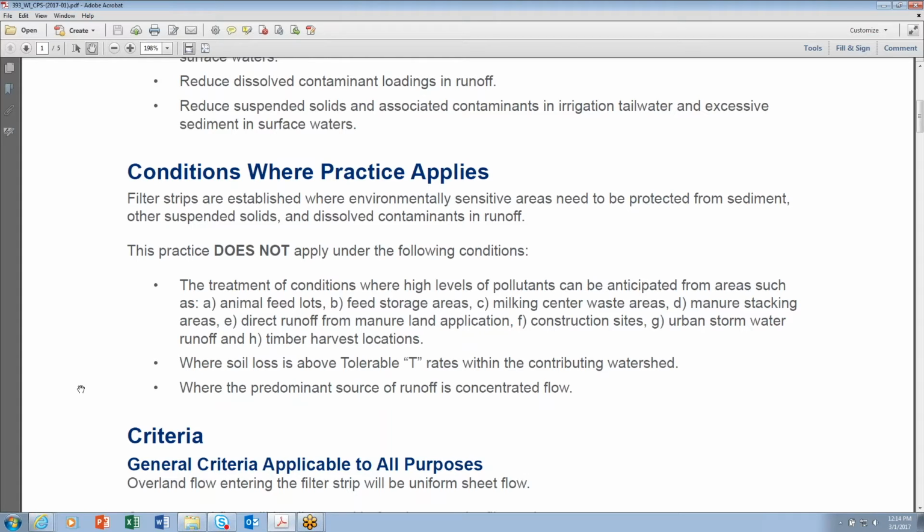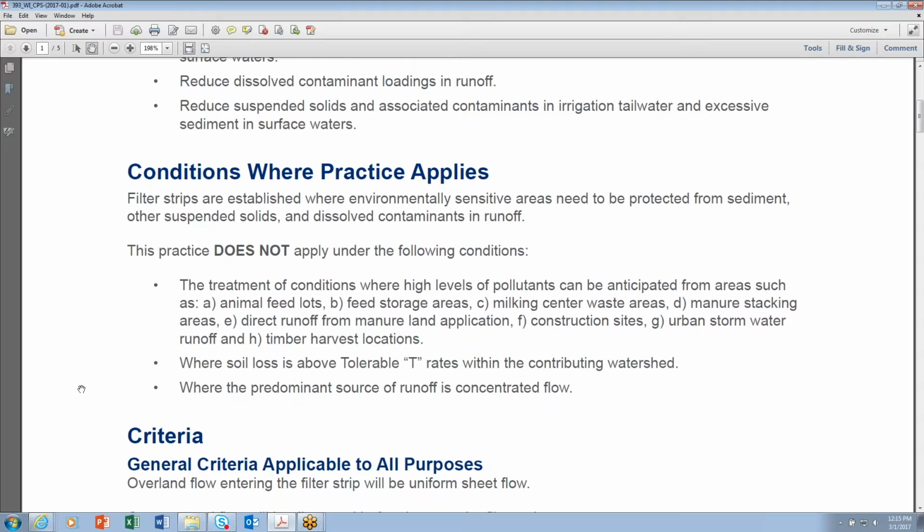So obviously this standard is not designed to handle that intensity of contaminants flowing off. Where the soil loss level is above tolerable rates in the contributing watershed, this practice will not work. Where the predominant source of runoff is concentrated flow, this is not your ticket.